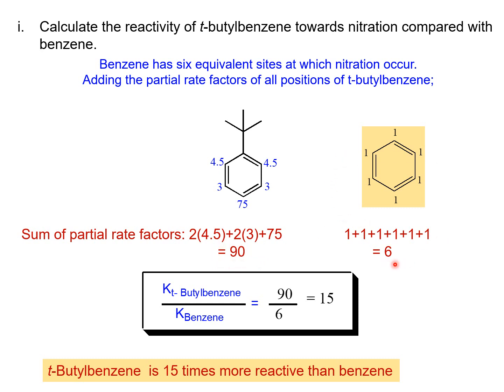For the benzene it is 6. So what you simply have to do is take the ratio, and the answer is 15. That means the tertiary butyl benzene is 15 times more reactive than the benzene.